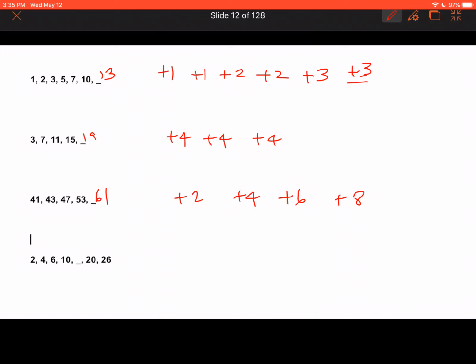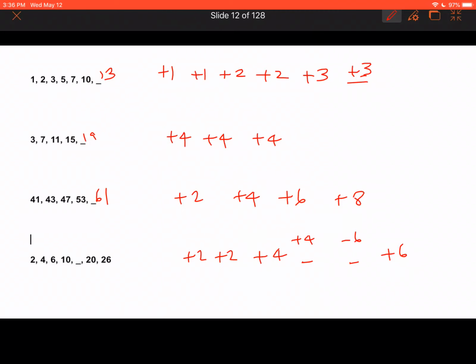Okay, then it is 2, 4, 6, 10. So it is plus 2, plus 2. 6 and 10 is plus 4. We don't know two differences. And then it is going to be plus 6. So seeing the pattern, I'm just guessing it as plus 4 and plus 6.